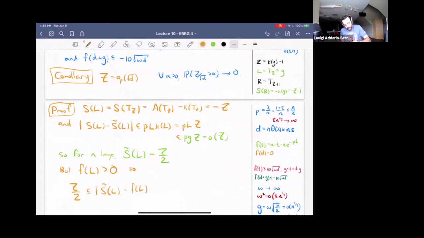Okay, and we can bound that. This time L is random, but we can bound that from above by the largest difference between S tilde and f before time g, just because L is at most g.